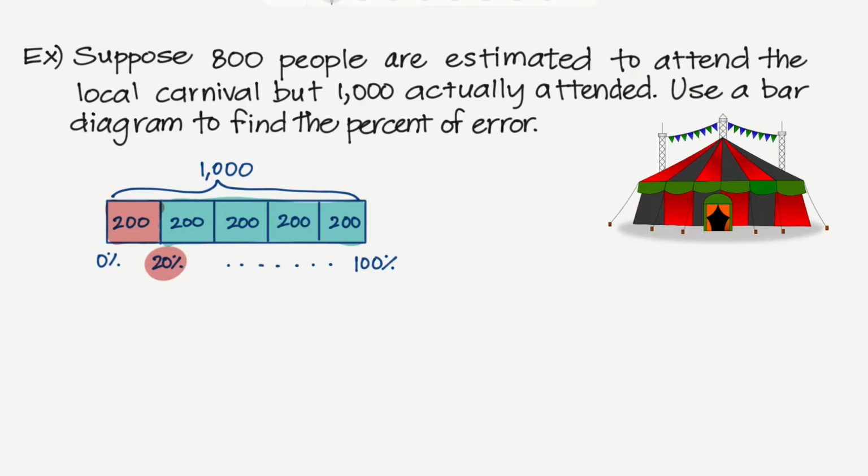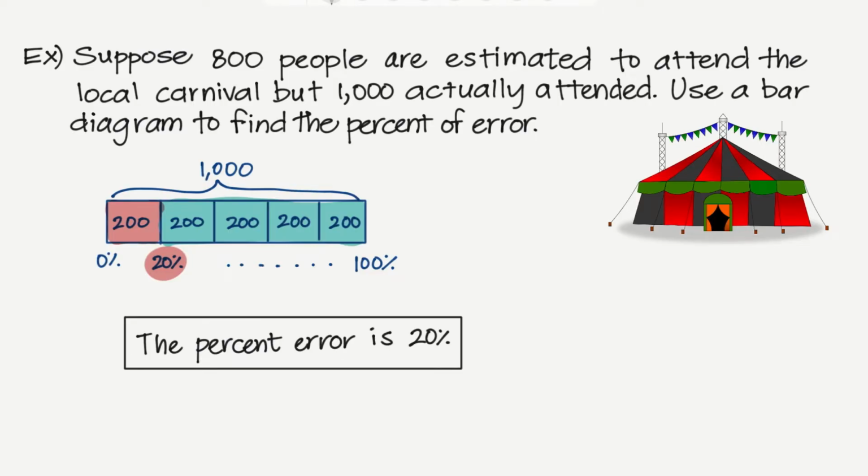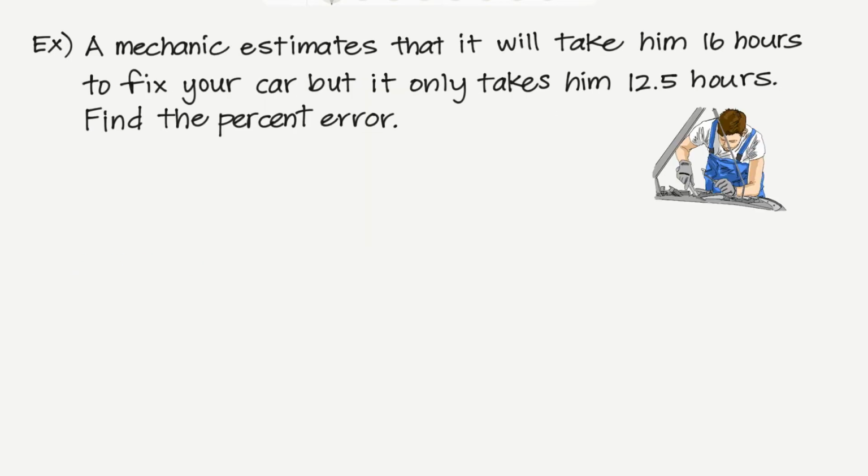And that represents 20%. So the percent error is 20%. They were pretty far off in predicting how many people they thought were going to come to the carnival. And that's it.